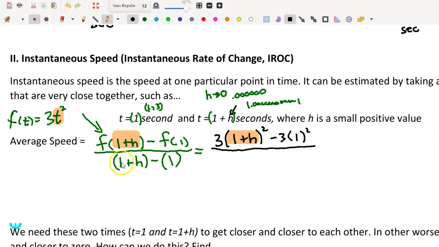And on the bottom, this always simplifies when we're doing these types of problems. The 1 at the beginning will cancel out with this 1. So we have 1 plus h minus 1, so we just end up with h. And do some algebra.